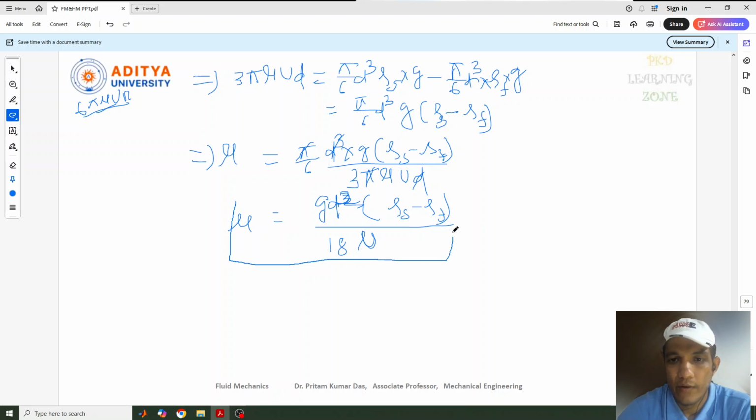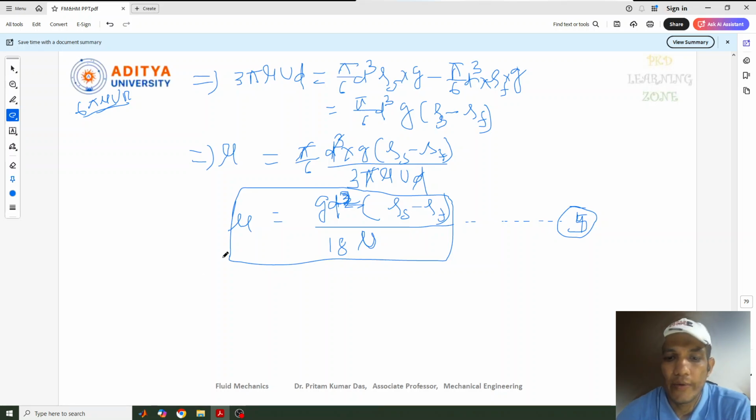So this is our final answer. Mu equal to g d square rho s minus rho f by 18 u. This is another equation. Equation 4 is already given, so we need to mark it 5.